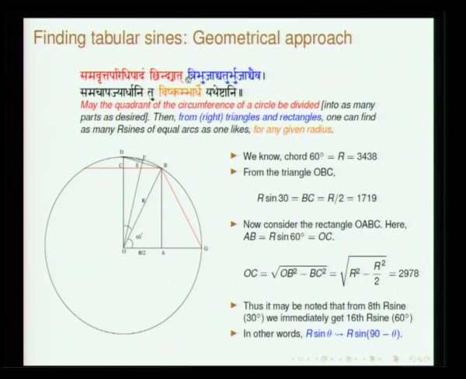Chindyat means may you divide, may you split. Tribhujat chaturbhujat chaiva: you should conceive it as triangles and rectangles, chaturbhuja. Vritta paridhi padam chindyat tribhujat chaturbhujat chaiva samachapadyardhani tu vishkambhardhe yatheshtani.